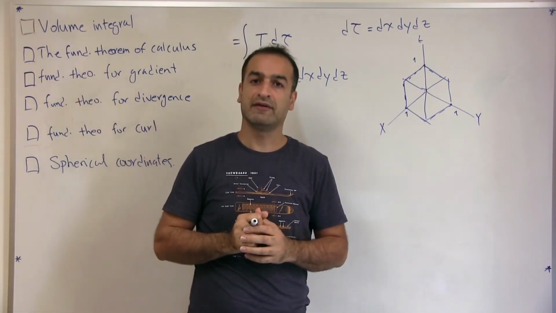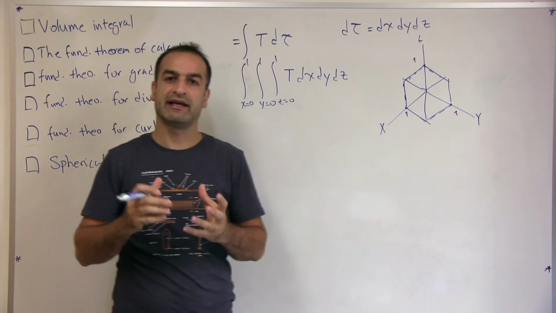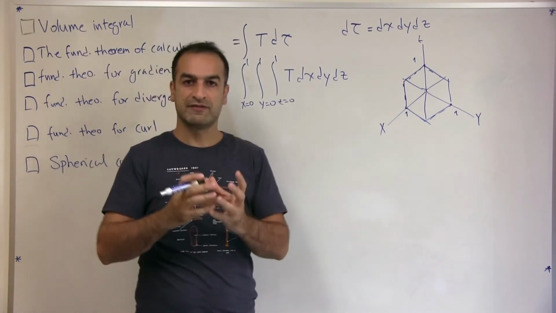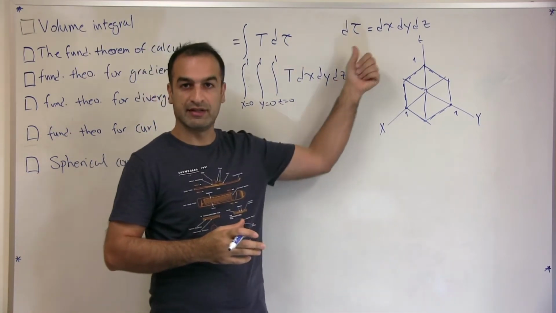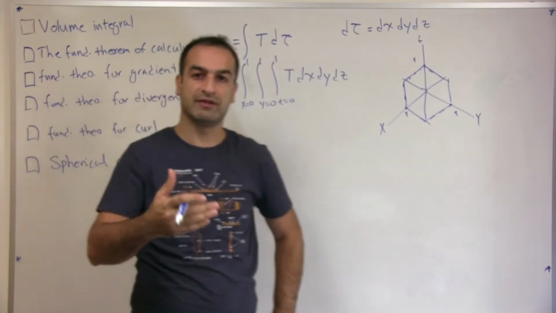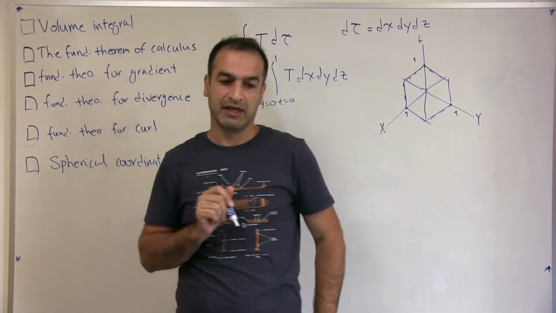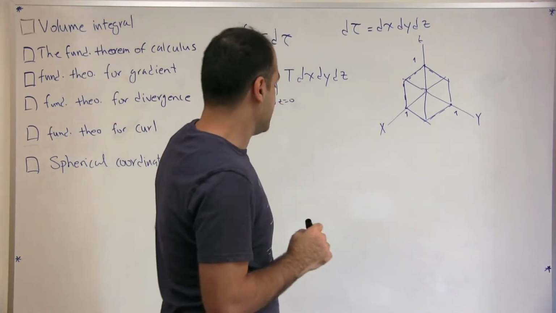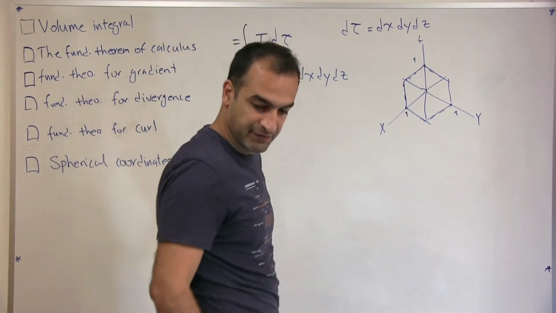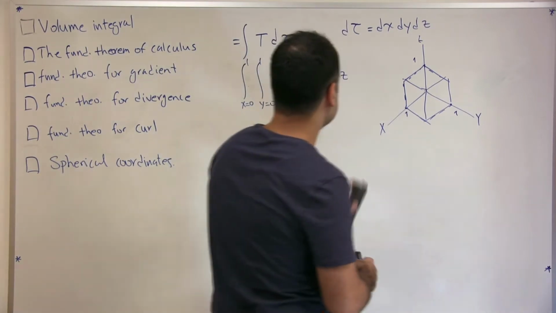A lot of the time it's not easy to carry an integral over a sphere in Cartesian coordinates, and we need to move on to spherical coordinates, and that is what I'm going to discuss later in this course.